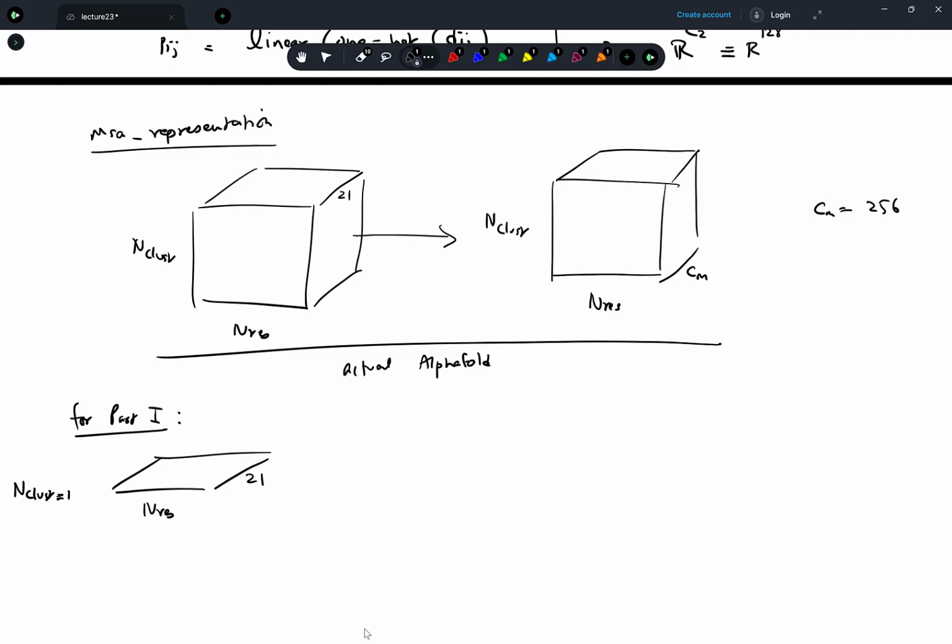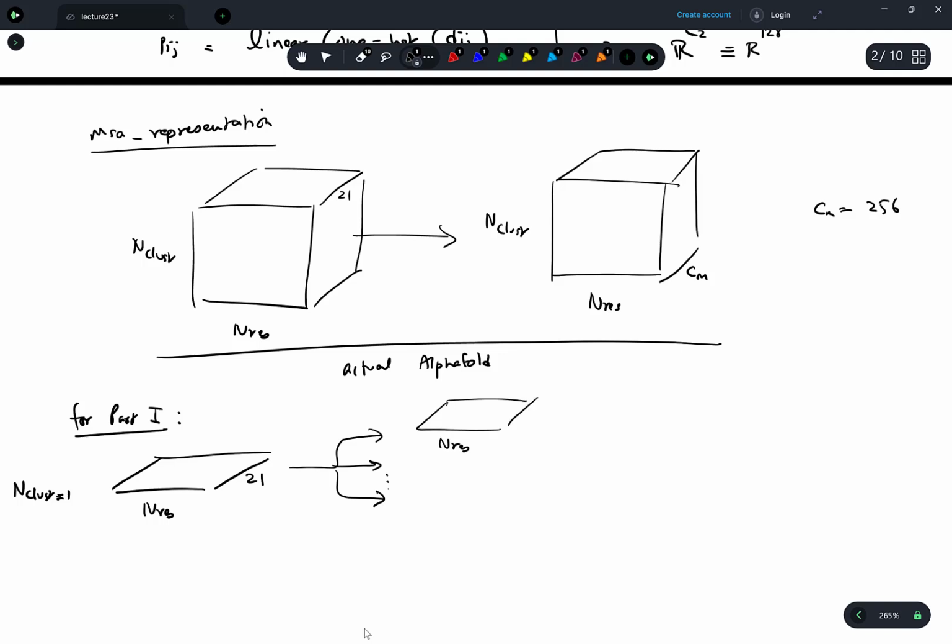This one I can actually do one linear transformation on, and get my 256. Think of this as multiple linear transformations. For the first one, I can transform this into n res by 256.